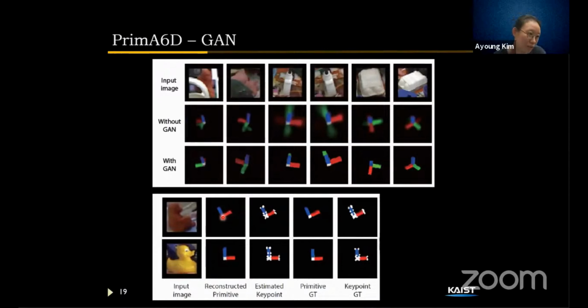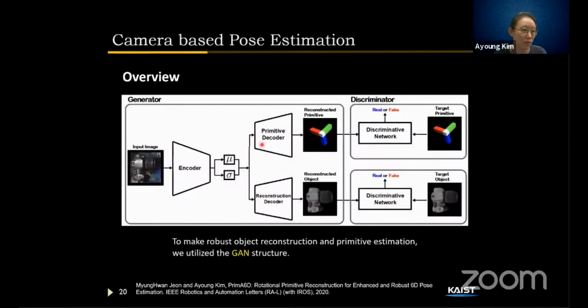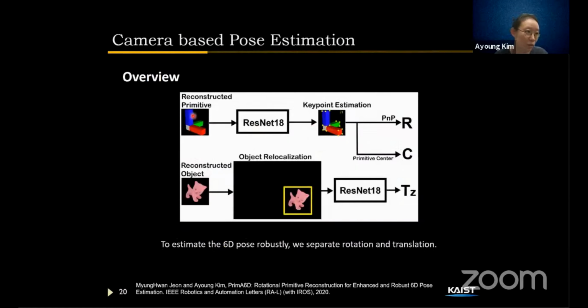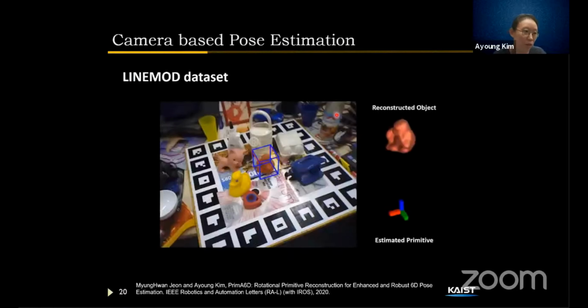Here one axis is totally occluded, but still we were able to reconstruct the primitive and all the associated key points. Okay, so here's a video. We assign a primitive to each target object, and we reconstruct this primitive, and from here we can extract the relative pose information between the camera and the target object.